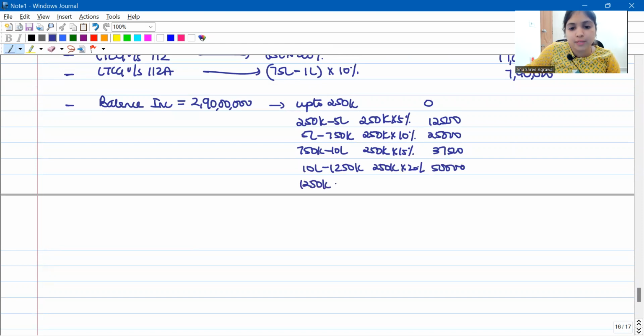Then 12,50,000 to 15 lakhs, at 25%, that's 62,500.